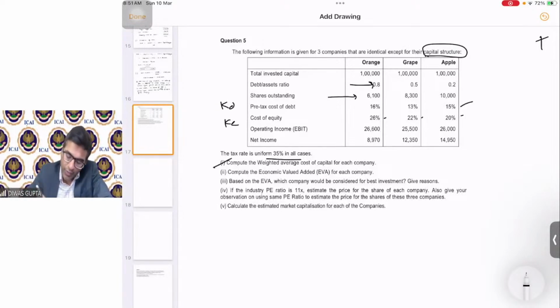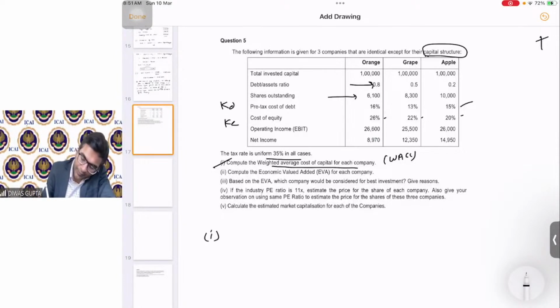Now, first of all, compute the weighted average cost of capital for each company. Now, this is a question for calculating WACC. First time we are calculating WACC. Can we calculate WACC? Yes. For calculating WACC, what all things we need? We need cost of equity and cost of debt, and the ratio of equity and ratio of debt. So let's go to calculation of WACC.